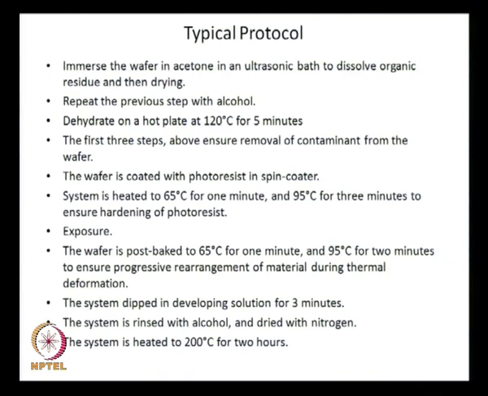Next step is exposure. I have already mentioned: you have the light and the mask put in place by the mask aligner, and then the exposure takes place. Next, the wafer is post baked at 65 degree centigrade for 1 minute and 95 degree centigrade for 2 minutes to ensure progressive rearrangement of material during thermal deformation.